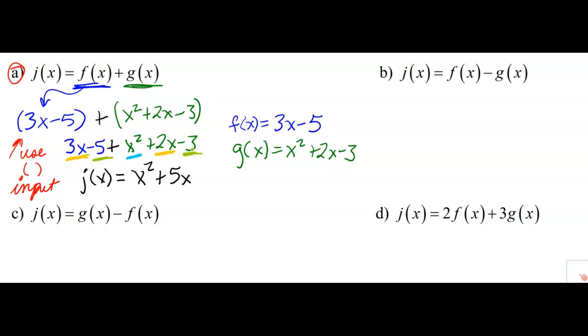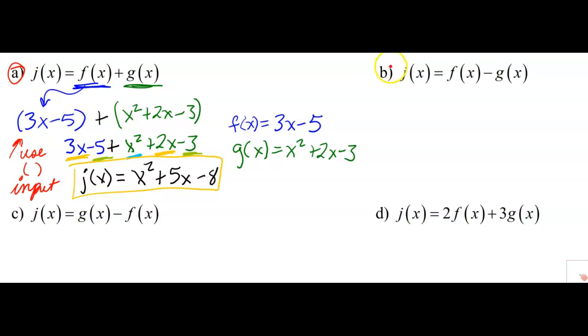If I add those together, I get minus 8. And so that is my answer. I have pulled in my functions and I have combined my like terms.